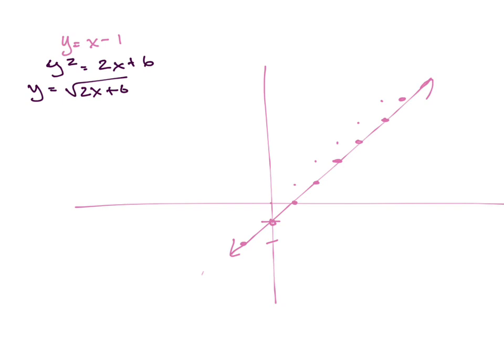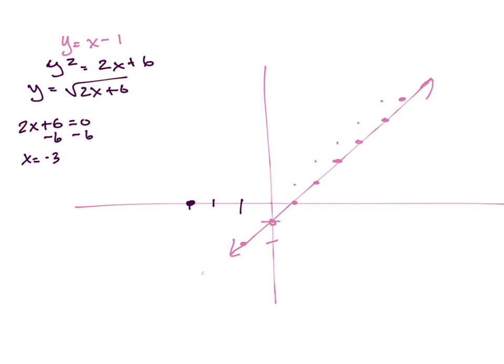I like the square root of 0. I like the square root of 4. So if we set the inside equal to those numbers, we can figure out what x should be. If I say that 2x plus 6 needs to equal 0, x equals negative 3. So at x equals negative 3, y is 0.